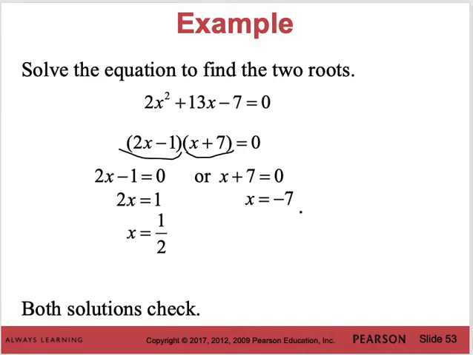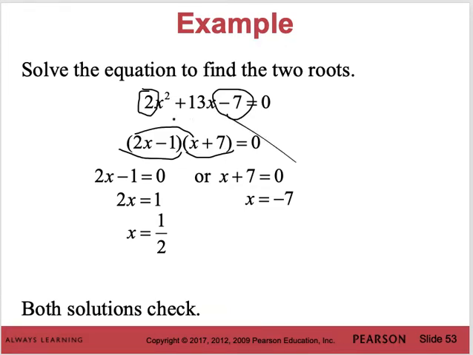Set both quantities equal to 0 separately, solve for x, and we get x equals either 1/2 or x equals negative 7. Okay, just to review the factoring here, the coefficient was used saying, well, 2 times 1 would equal 2. And then we're figuring out, well, what could we multiply to equal negative 7? That would be a 7 and a negative 1.